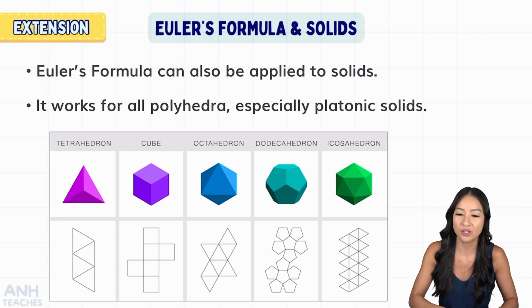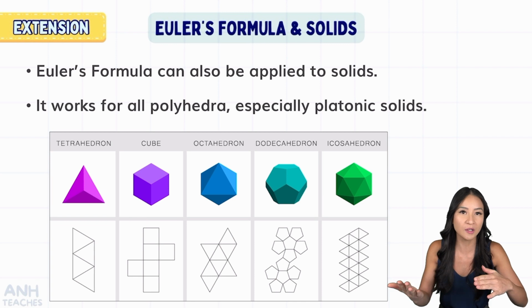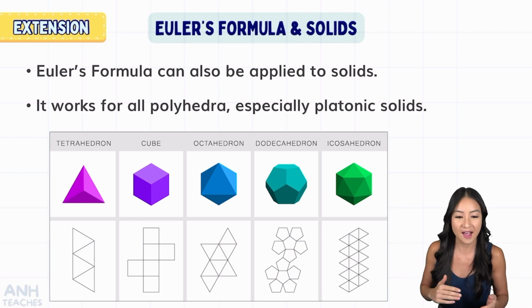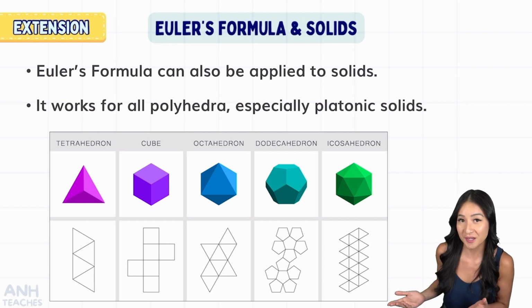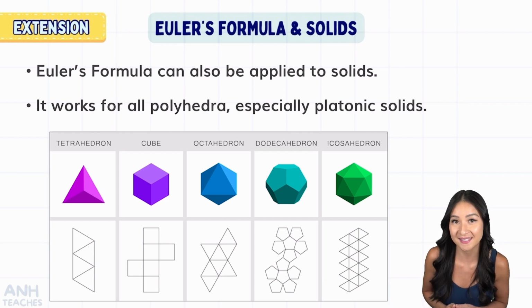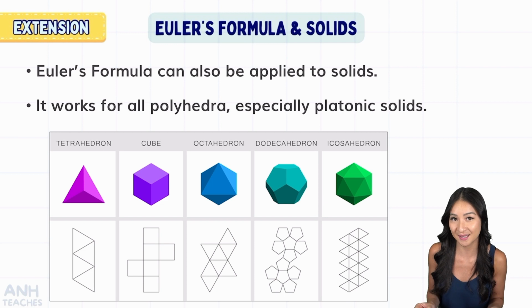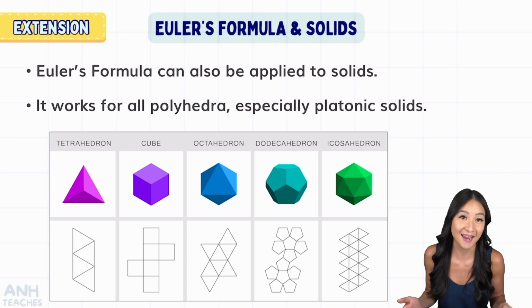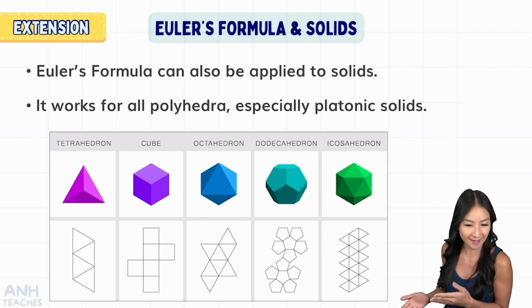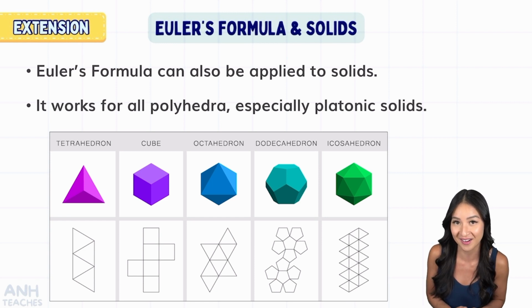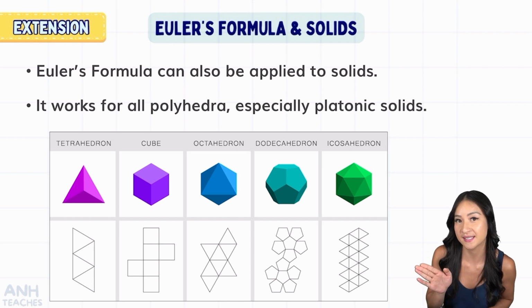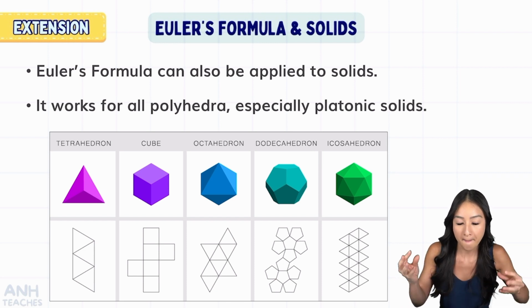And that's because you can unfold all of these polyhedra out to create these net diagrams. And what you'll notice about these net diagrams is that they are embedded in a single plane, aka drawn in 2D in a way where the edges are not overlapping with each other. So Euler's formula can be applied to every single polyhedron.